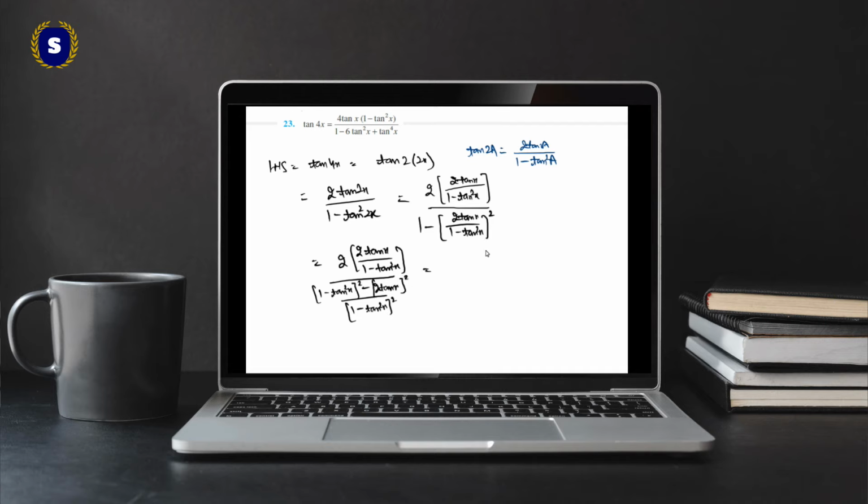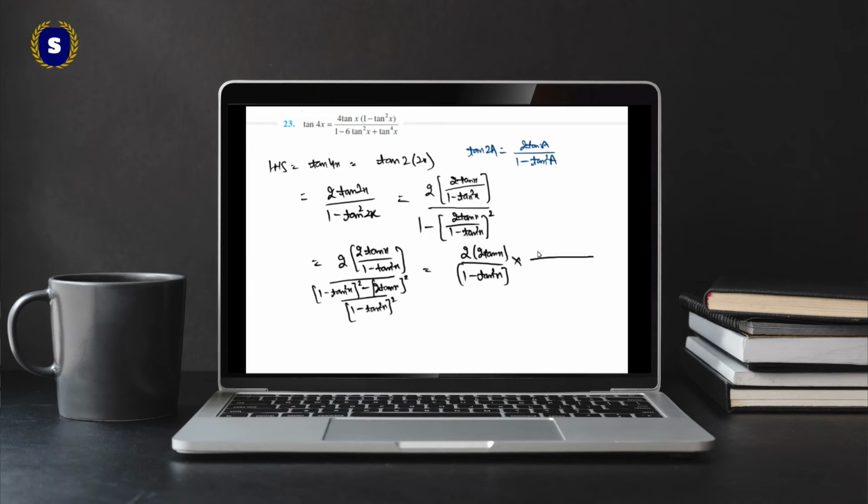So we get 2 times 2 tan x upon 1 minus tan square x. This was the numerator part as it is. We will reciprocal the denominator part.